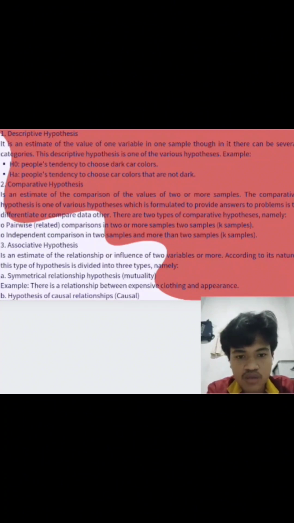2. Comparative hypothesis is an estimate of the comparison of the values of two or more samples. The comparative hypothesis is one of various hypotheses, formulated to provide an answer to a problem, used to differentiate data.